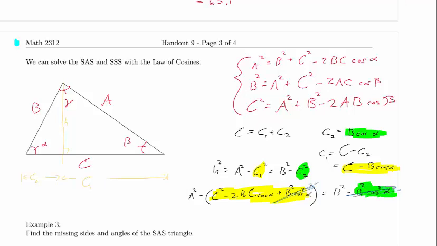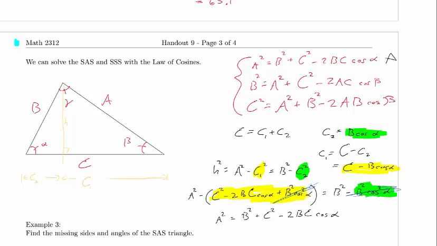And when we do that, we get a squared equals b squared plus c squared minus 2bc cosine alpha.